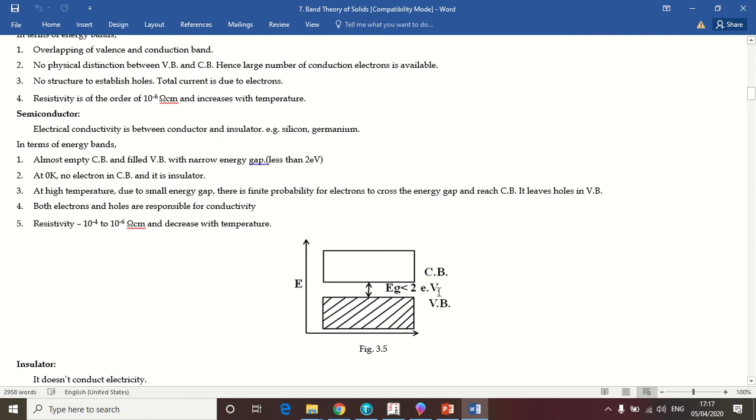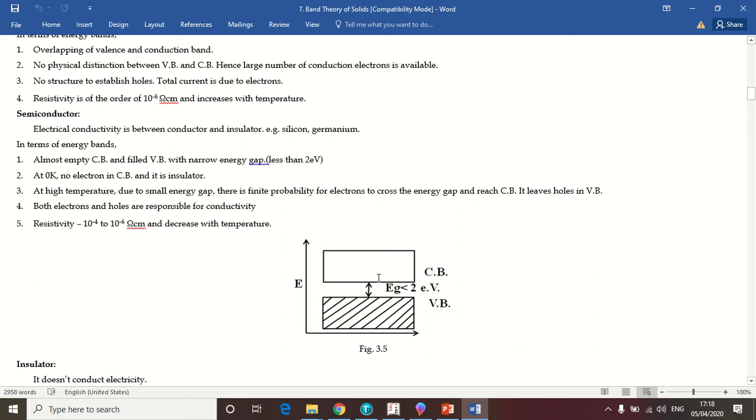At 0 Kelvin, the conduction band is almost empty, whereas valence band is completely filled. But as temperature increases, some electrons absorb thermal energy and get excited easily to the conduction band due to this small band gap, and therefore few electrons are available for conduction.